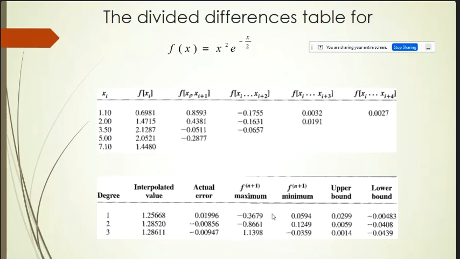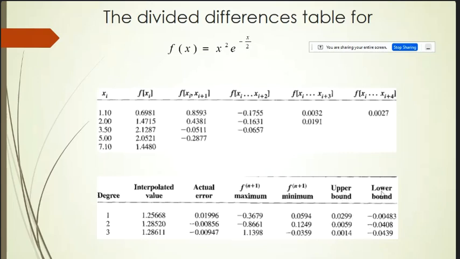And the value of the differentiation of degree n plus 1, the maximum and the minimum value of f to the n plus 1 for each interpolation, give an upper bound and lower bound of the error, as here.